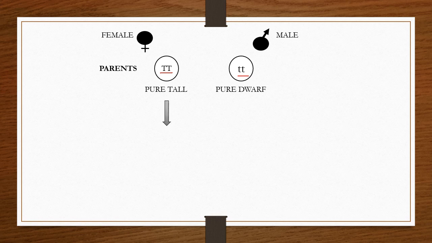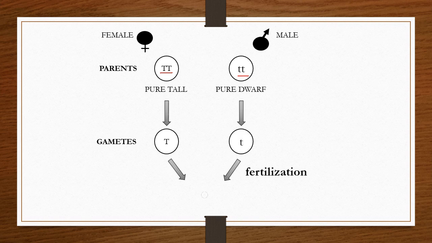Now they form gametes with capital T, and recessive plants also produce gametes with small t. During fertilization, the F1 individuals are originated, that is capital T small t. Now all the F1 generation are tall plants.